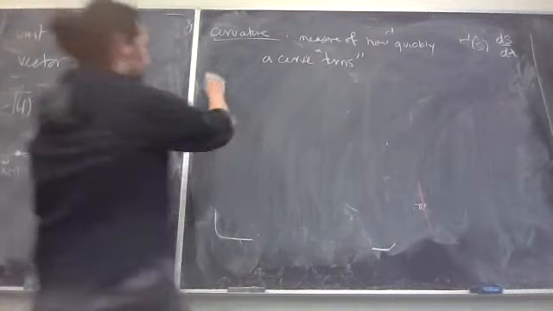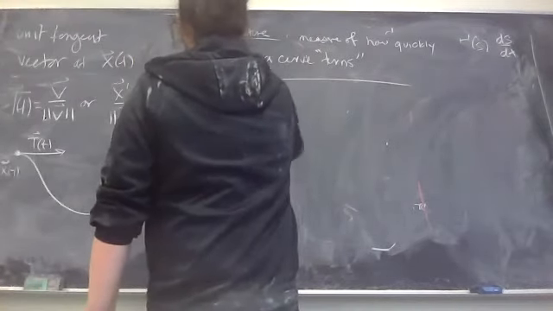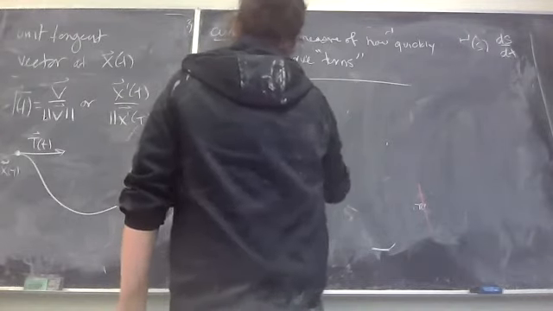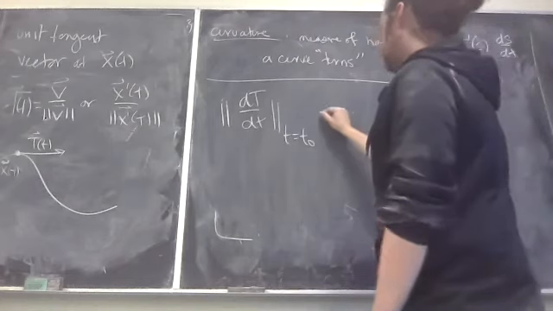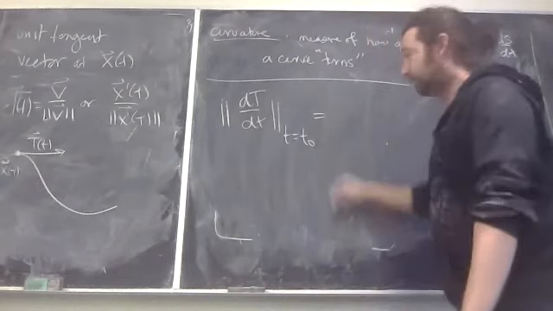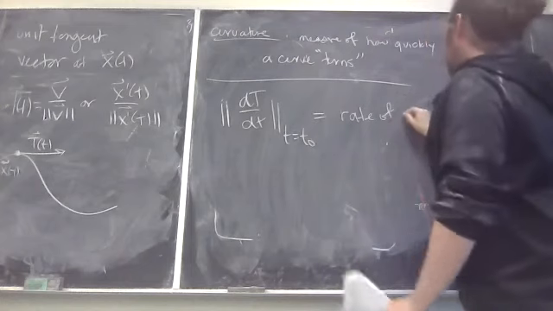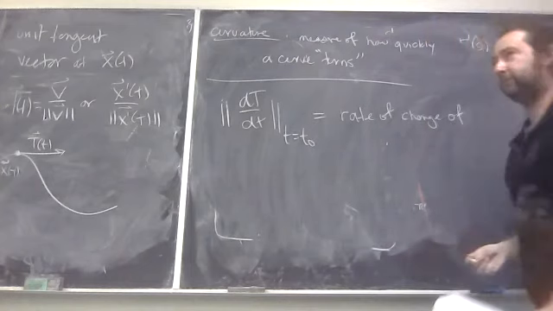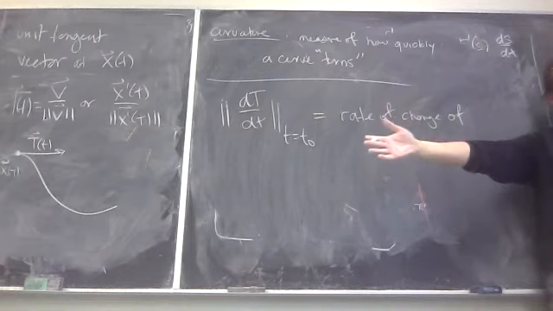This is a big deal about what this does. The magnitude of the derivative of the tangent vector is equal to the rate of change of, well, again, if velocity is not changing, what is changing? If the speed isn't changing, what's changing?